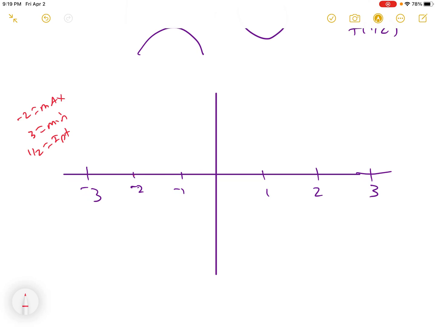So here we go. I'm just going to put, arbitrarily, that there. Okay, so I know it is a max here and it's concave down. I know at 1/2 it changes from concave down to concave up.